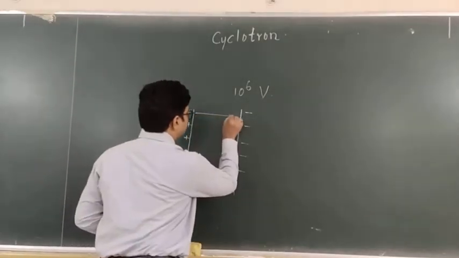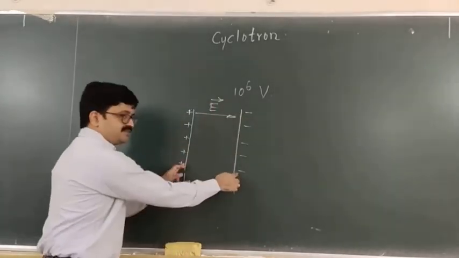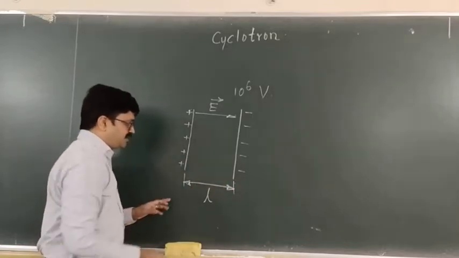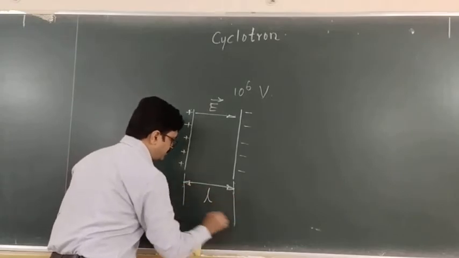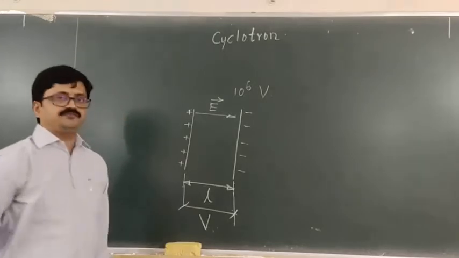This is the electric field, and this is the length between the two plates, which I take as L. It generates a potential difference V between these two plates.